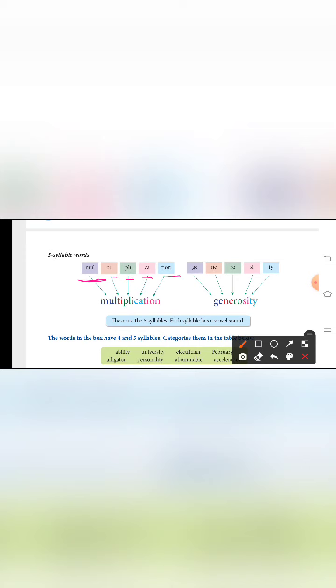And generosity, generosity, right? Both of these words, multiplication and generosity, are 5 syllable words, and each syllable has a vowel sound.